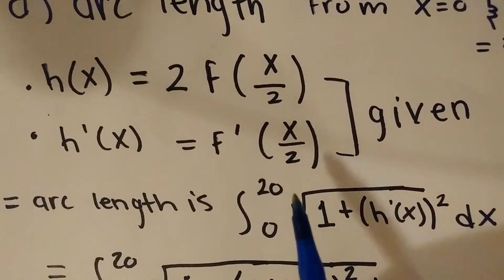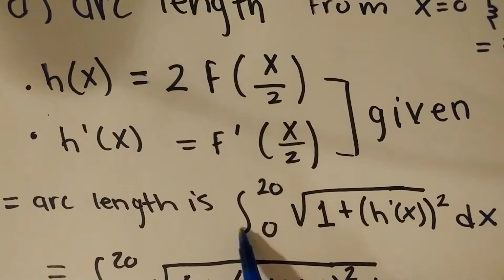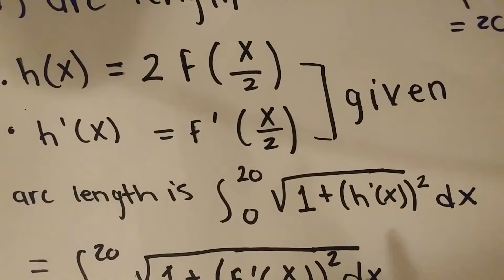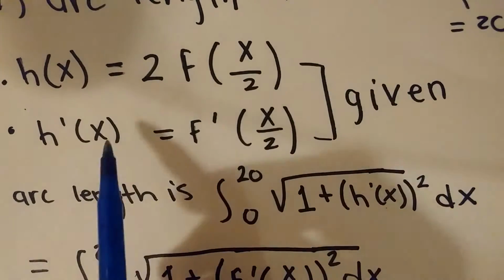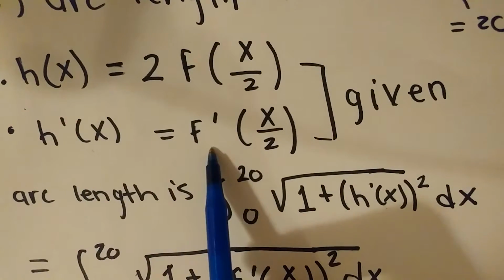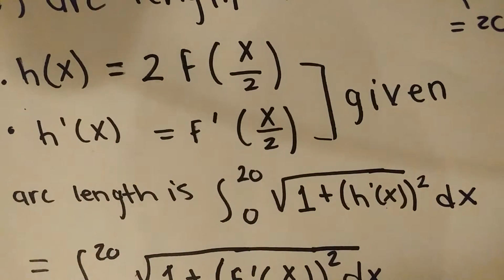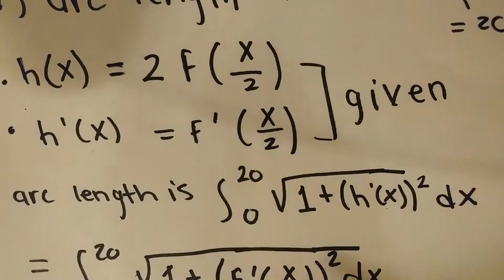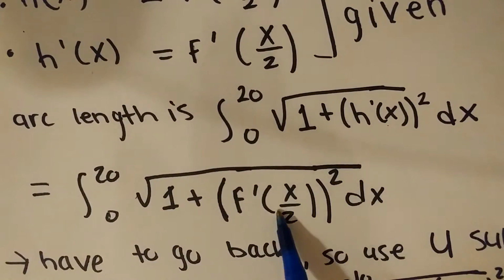So the arc length is going to end up being the integral, with the bounds given, 0 and 20, and this is the formula you can find online for taking any arc length. So we have the square root of 1 plus h prime of x squared dx, and h prime of x is right here as well, and we know it's equal to f prime of x over 2, and therefore we will replace this with that, and that is what we have down here.